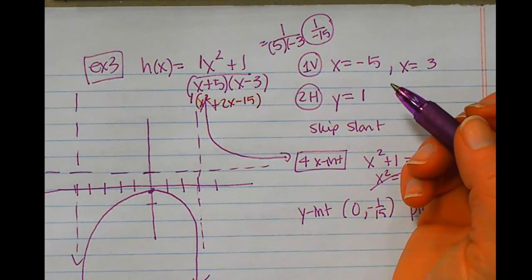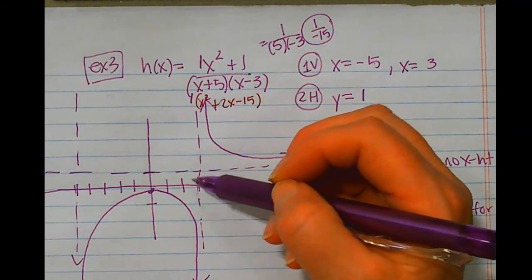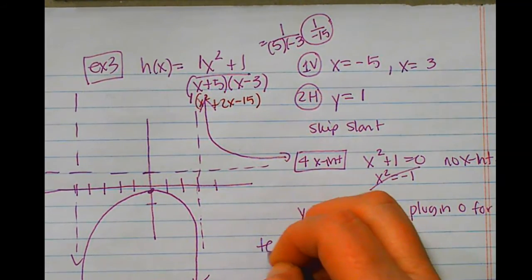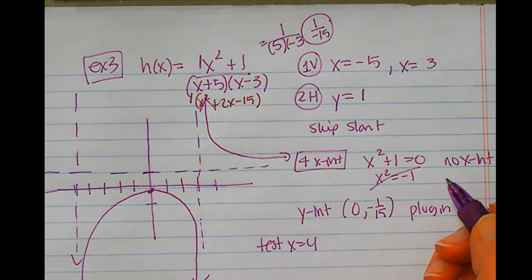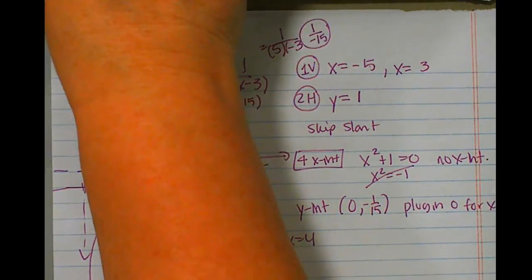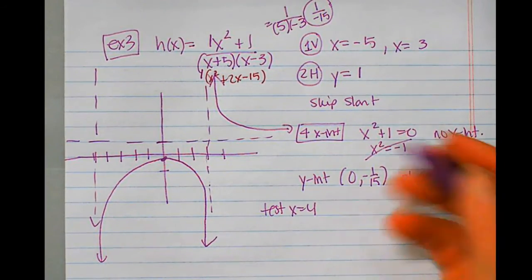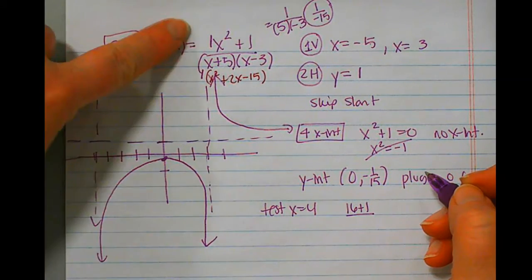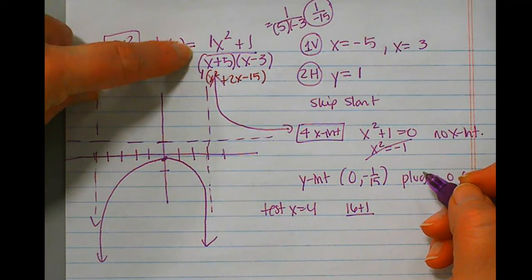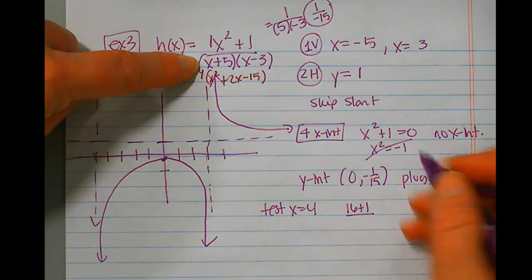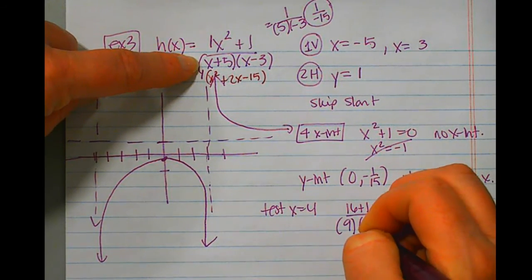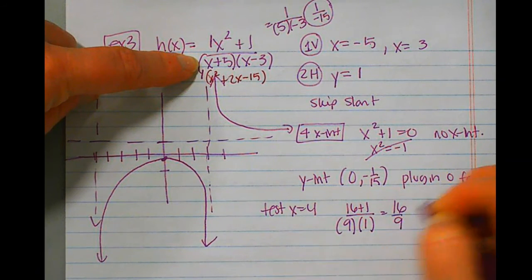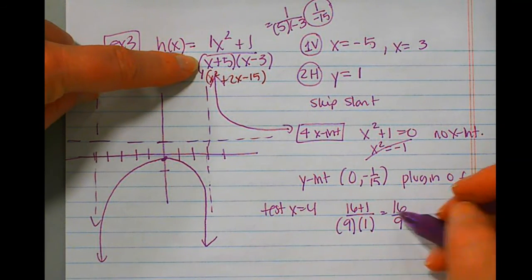What would I get? So 1, 2, 3, 4 is on the other side. You could test x equals 4, and you would get 16 plus 1, because I plug in 4 there. And then if I plug in 4, I get 9 times 1. That's 16 over 9. That's bigger than 1, right?